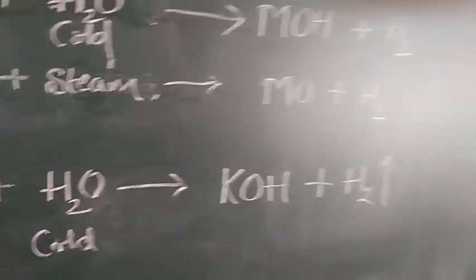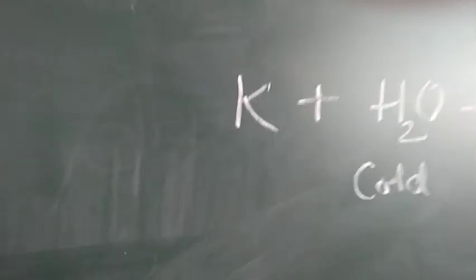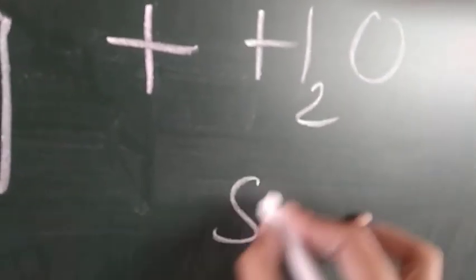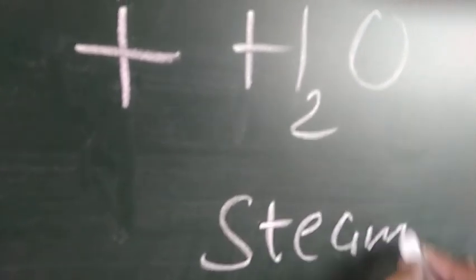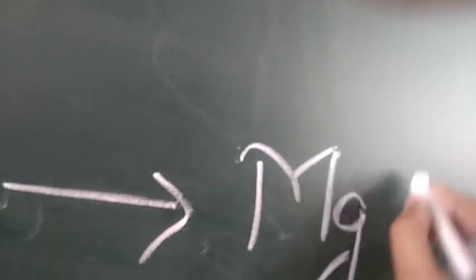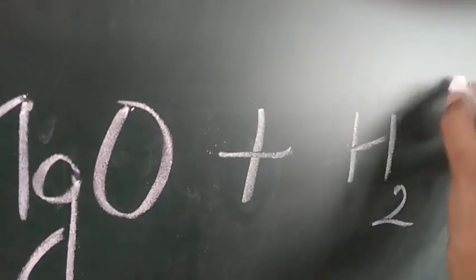Suppose we take magnesium, symbol Mg, plus steam, water. When steam reacts with a less reactive metal, they form metal oxide, MgO, plus hydrogen gas.